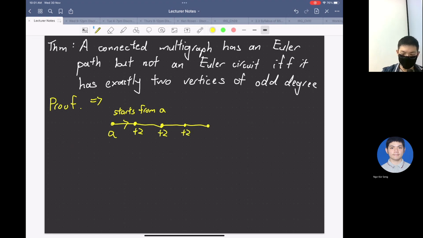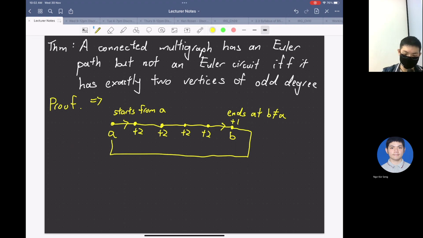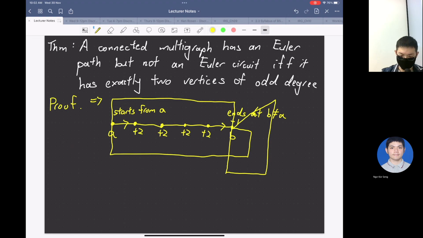And then you end at B, not equal to A, so that's a +1 here. In the middle, maybe you can pass through A or B again, that's fine, but it's a +1, +2 thing.